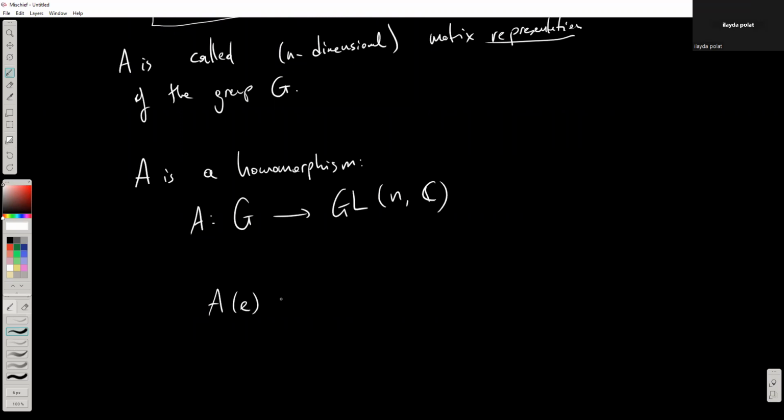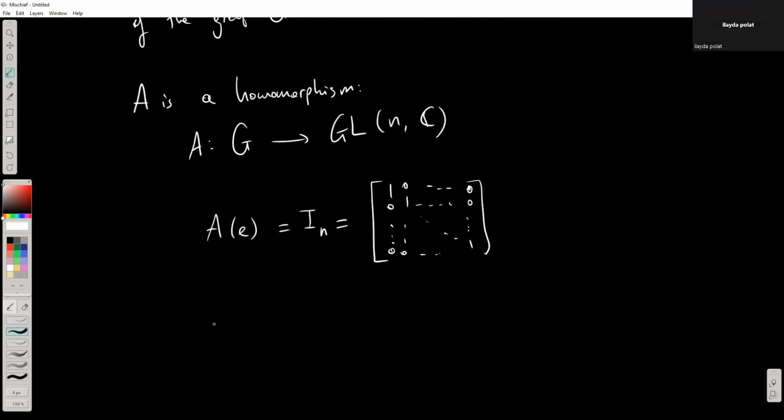The identity is represented by the identity matrix, which is the diagonal matrix where all diagonal entries are equal to 1 and all off-diagonal entries are equal to 0. The second thing is that the inverse of a group element has a representation given by the inverse of the representation.